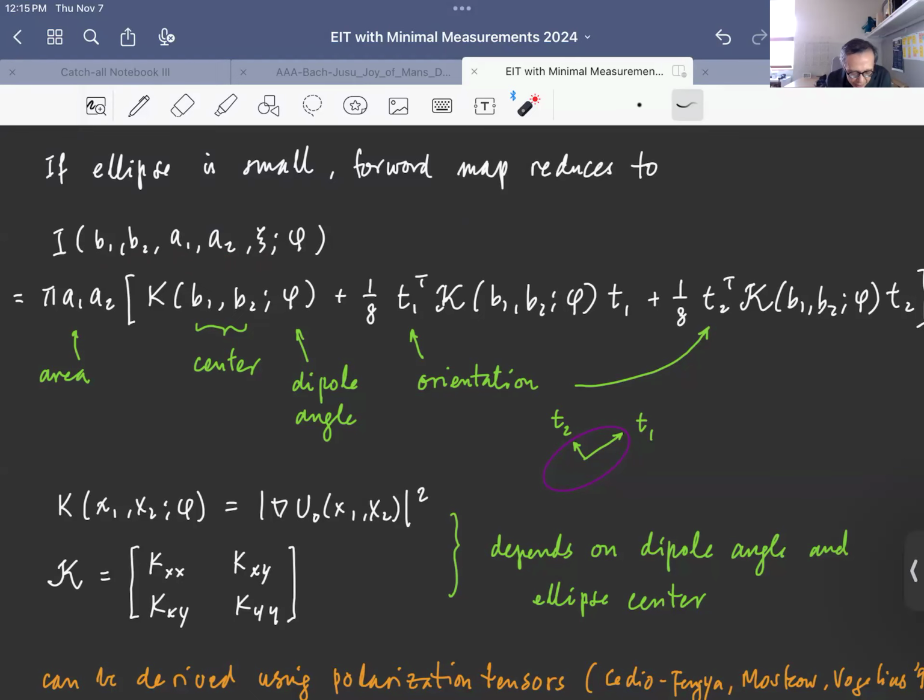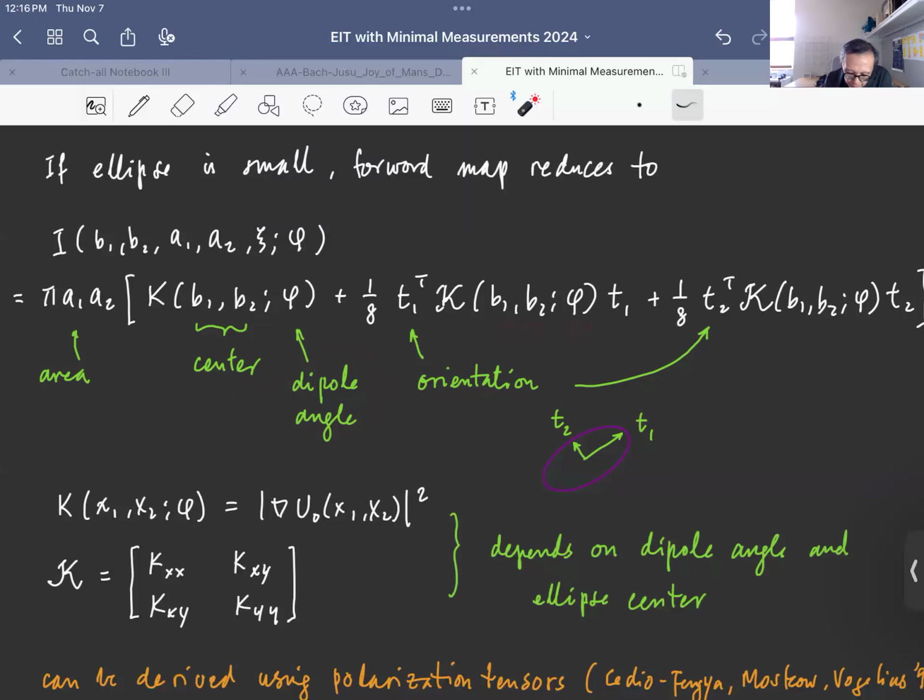You can actually write down a formula that is approximately equal to the area of the ellipse multiplied by this set of terms. The first term depends only on the center of the ellipse and the angle at which you are locating the electrodes. The second term is a little bit interesting also, but it splits into terms that depend on the ellipse geometry, the location of the ellipse, and the orientation.